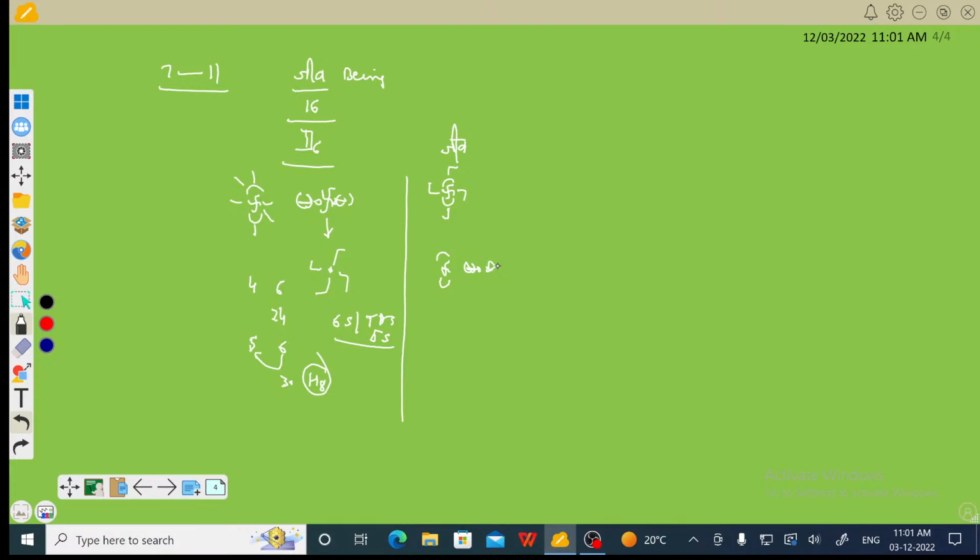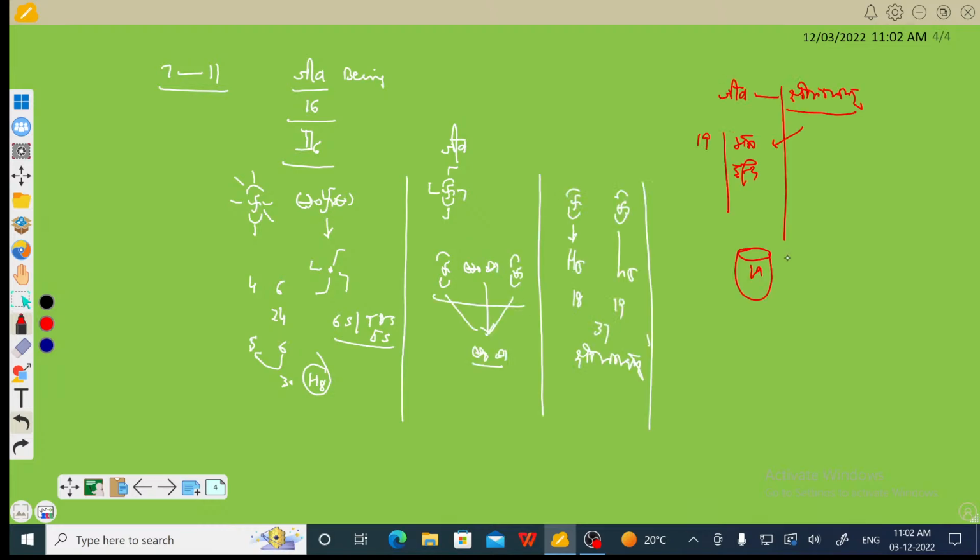Therefore, this 19, this southern hemisphere happening, this man, this going to be Indriya senses, it is going to be the Suksham Sharir.